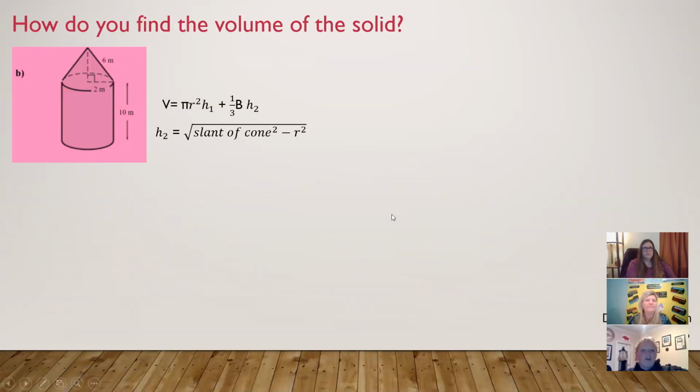Danielle, how do you find the volume of this solid? You found the surface area, so I decided to find the volume. You're going to use this equation right here: pi r squared times height 1 plus 1/3 times base times height 2. In order to find height 2, which we don't know, we use the formula: the slant of the cone squared minus r squared.